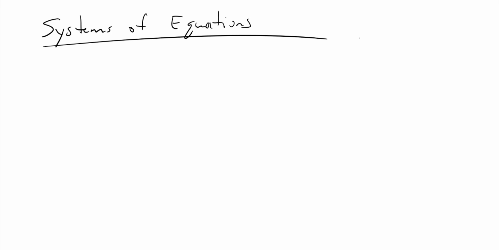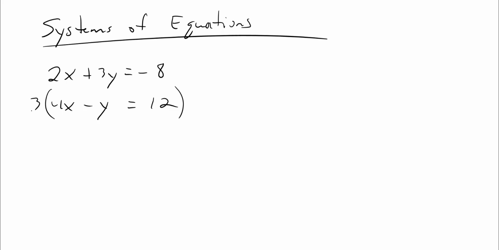So if I give you, this is a review, 2x plus 3y equals negative 8, and 4x minus y is equal to 12. Now you guys should remember, you've got to get rid of one of the variables. So I'm going to get rid of the y, because all I have to do is multiply this one by 3. Now I could have multiplied the top one by negative 2 as well.